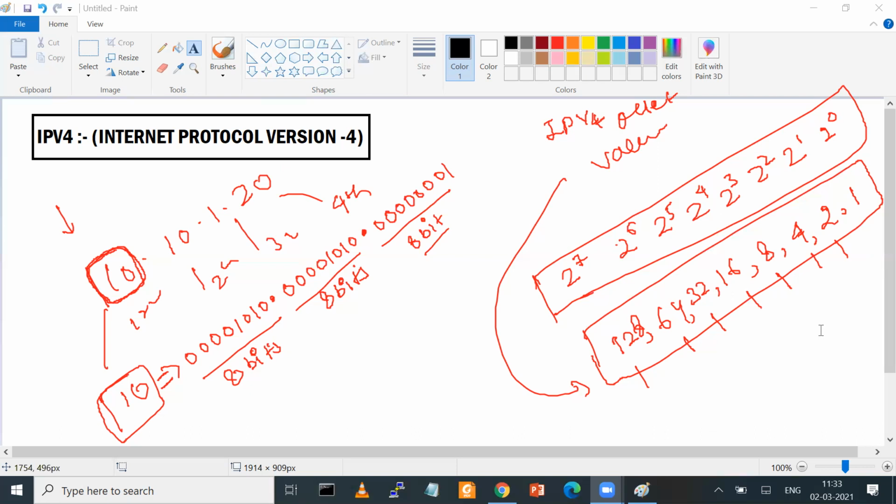00010100, correct? Yes, correct. So 16 and 4 we just have to use.